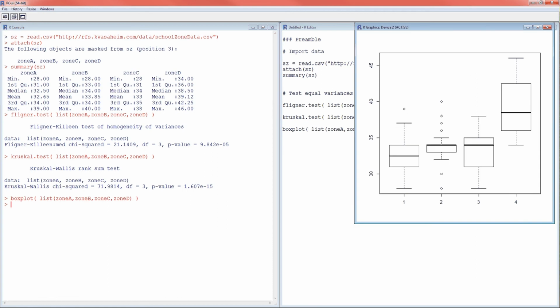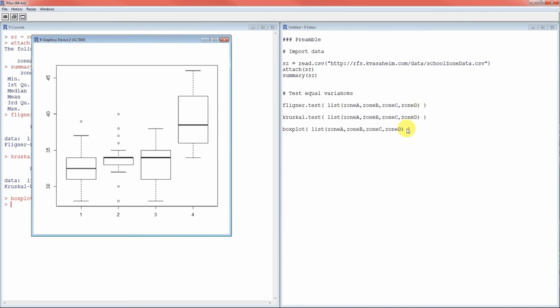So there's the box plot for the 4 variables. Probably should include a names slot. Looking at this, we can probably guess that zone D is the one that's different.